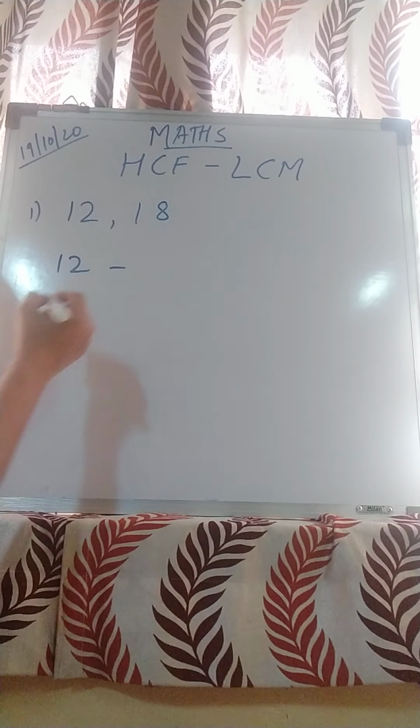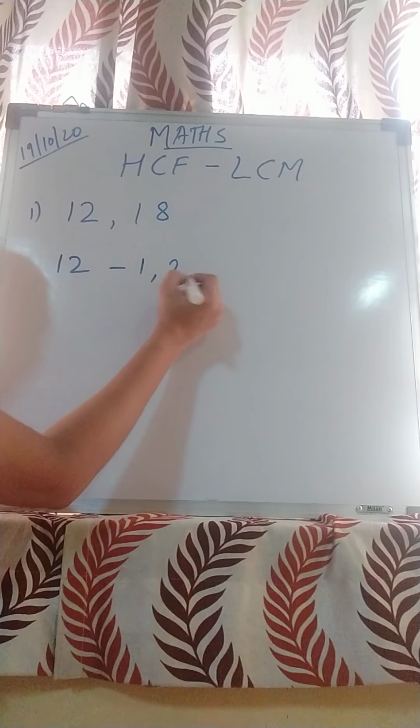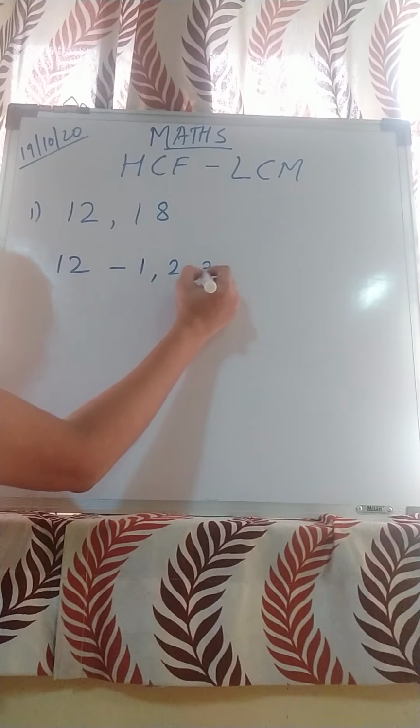The factors of 12 are 1, 2, 3, 4, 5 not, 6, then directly 12. Next is 18: 1, 2, 3, then 4 not, 6 directly, then 9, then 18.